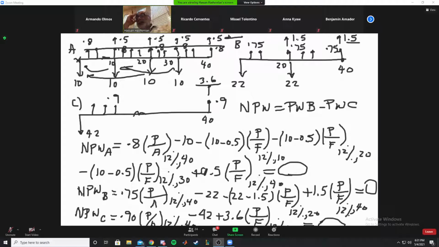So when you do the calculation, I'm assuming that they will all come out negative because the cost exceeds your benefit. So if they're all negative, we go with the lower cost. So we want to go with the smaller negative number. That will be the best alternative.